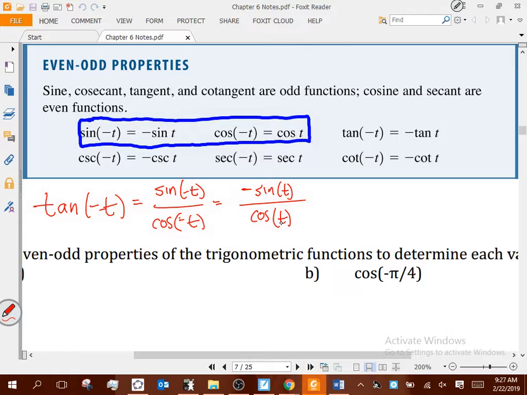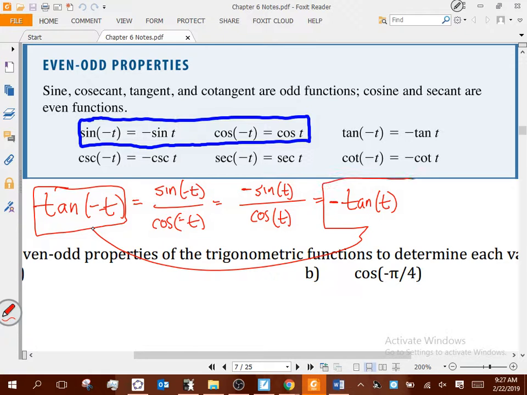Now that both of those are the same argument, I can actually do that division. What is sine divided by cosine always going to be? Tangent. And now we've converted a negative angle to a positive angle. And if I take a negative divided by a positive, this result is negative. So that is how we get from that to that. That is why that's true.